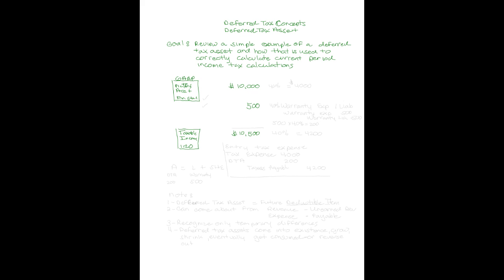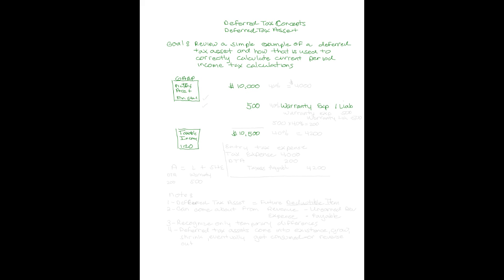The difference you can readily see is $500, and this time, let's say, it comes about in the calculation of a warranty tax expense and liability. Let's assume that for our company involved, we had $10,000 of pre-tax accounting income, and from that, we made an entry to estimate what warranty expense and estimated warranty liabilities would be.